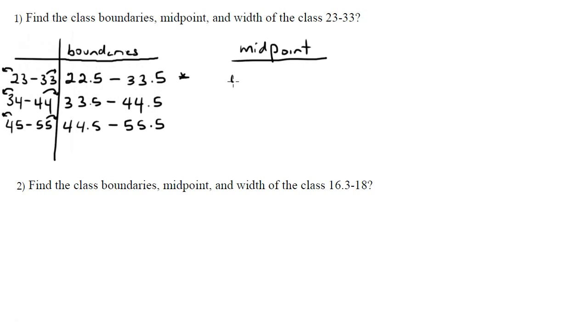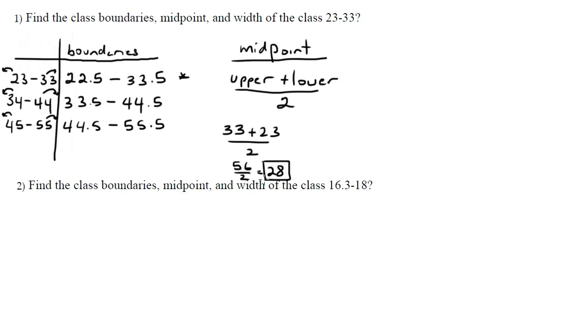To find the midpoint, take the upper plus the lower, and you divide by 2. That's the midpoint. So I can use the class limits. The upper, 33 plus 23 divided by 2. 33 and 23, that's 56. Divided by 2, that's 28. My midpoint.